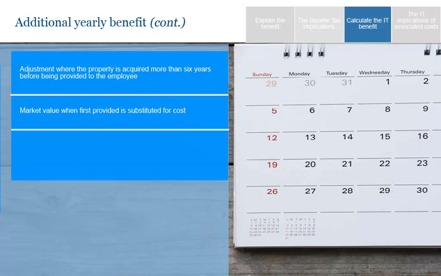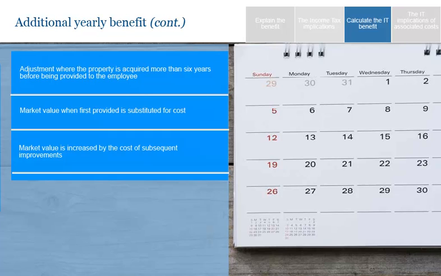The adjustment is essentially where the property is acquired more than 6 years before being provided to the employee in question, although that market value is then increased by the cost of subsequent capital improvements.